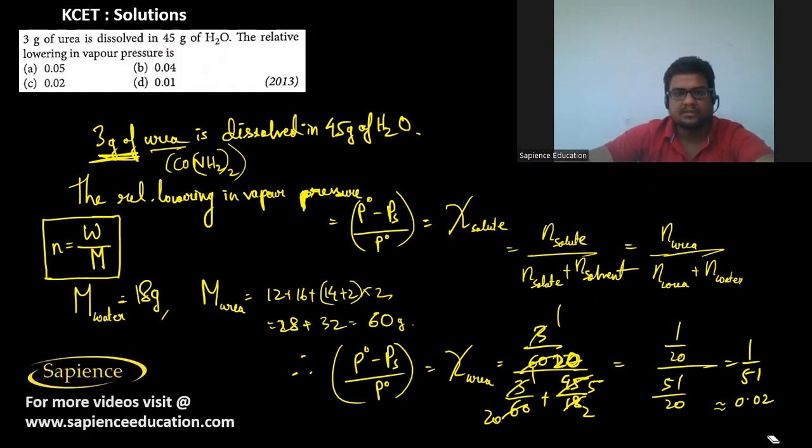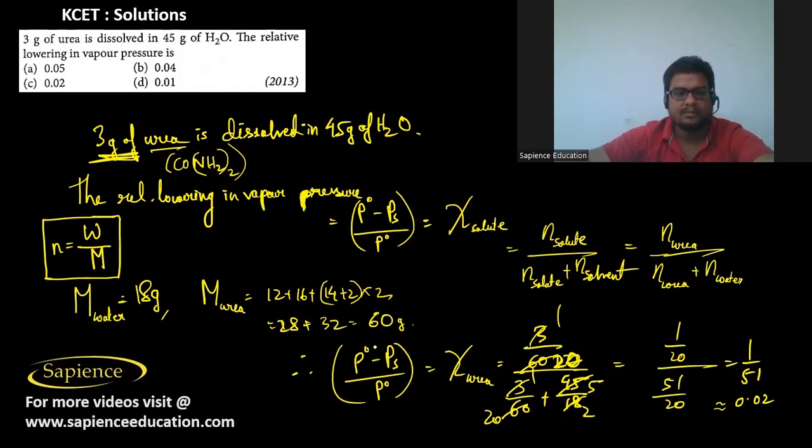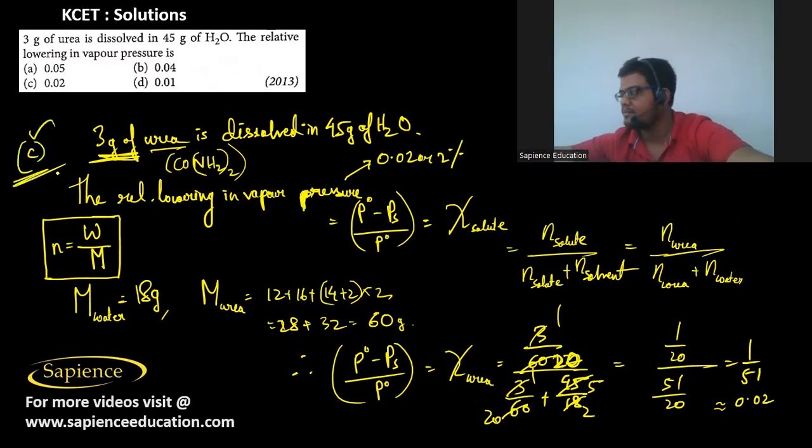It is a fraction, 0.02. It means the relative lowering in vapor pressure will come 0.02, or I can say that will be 2%. So option C is the correct answer.